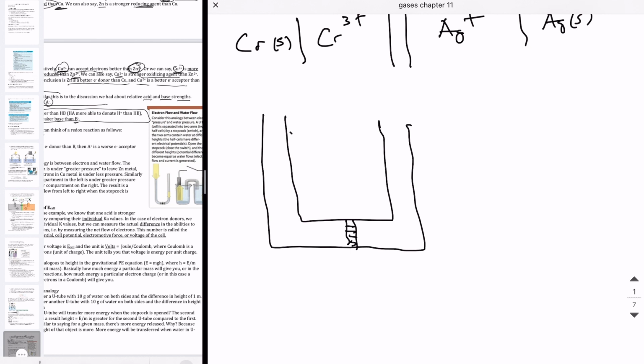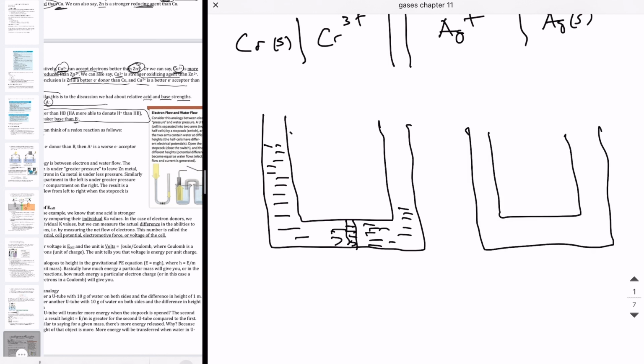When I say zinc is better at donating electrons, pretty much what I'm saying is that there are, to some extent, more electrons on this side and fewer electrons on this side, just like if you have two sides separated where you have water with different heights. So you know that when I open the stopcock here, the water will spontaneously flow from the left side to the right side.